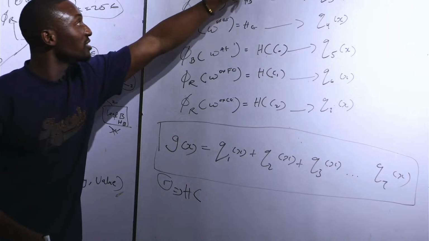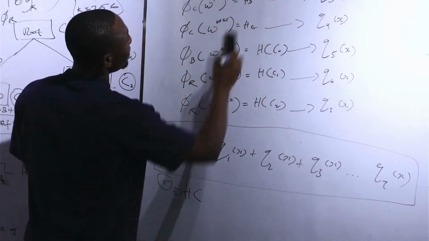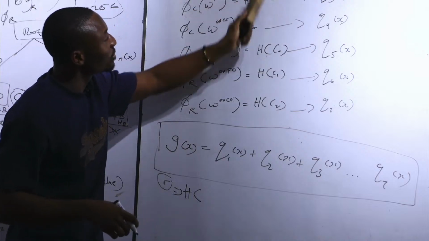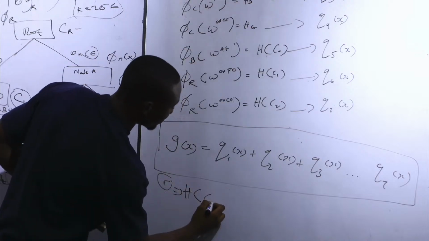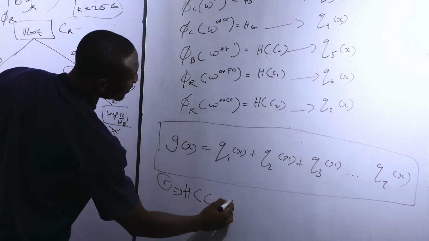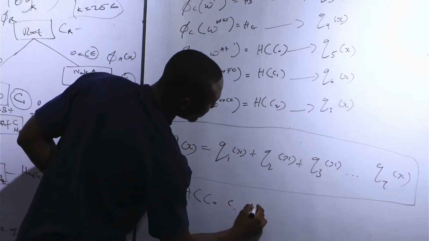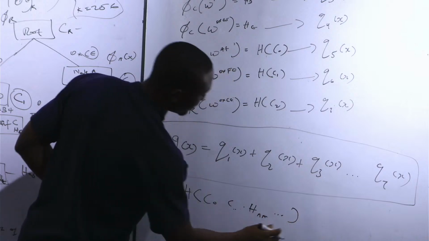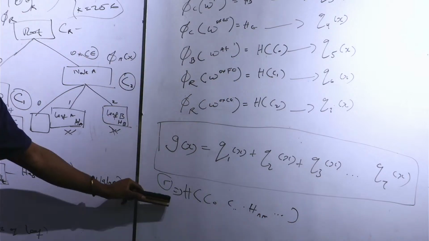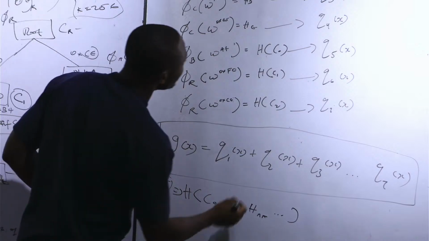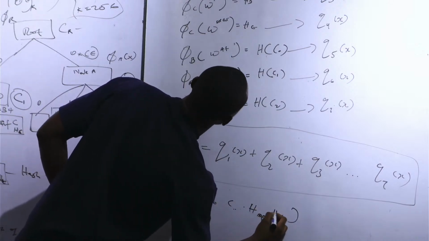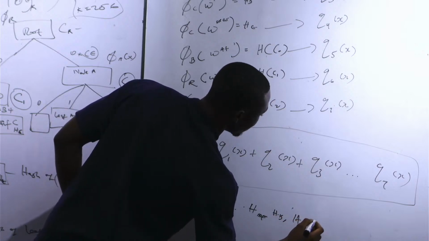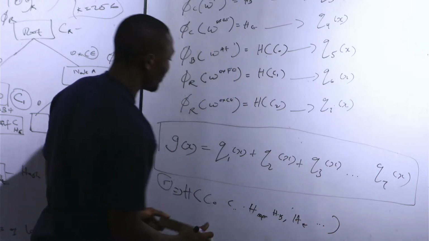So that means we'll hash all the commitments and all the evaluations to generate this random value.